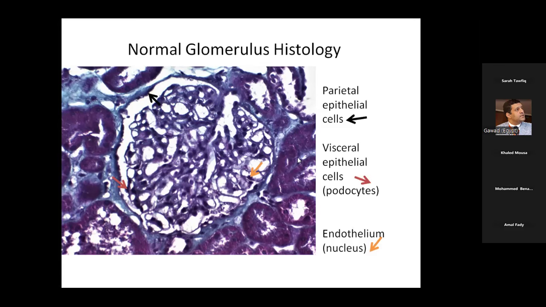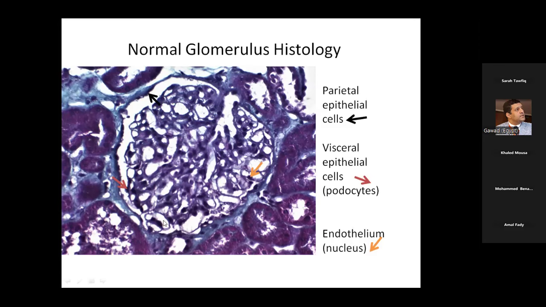Can I ask you a question here? Can you point to one of the podocytes that is not on the periphery? Yes, maybe this one. How do you know that this is a podocyte and not an endothelial cell?